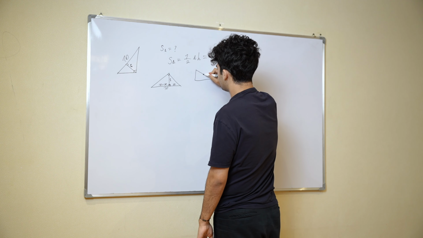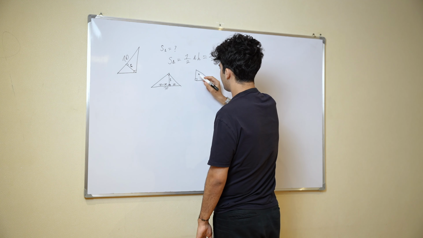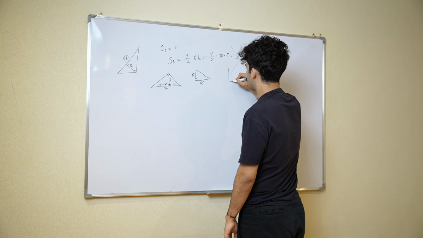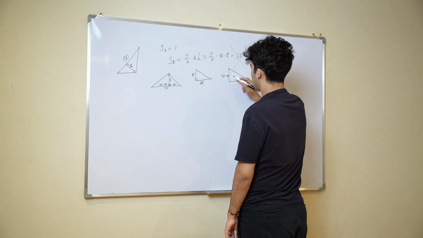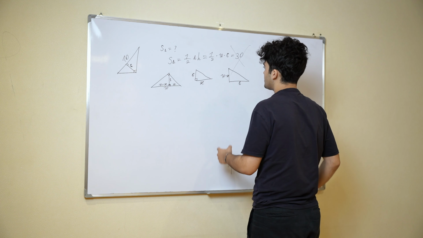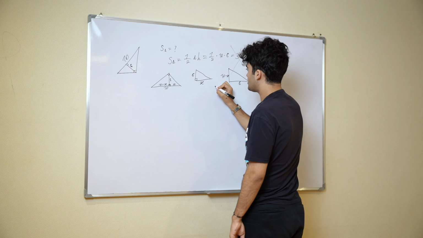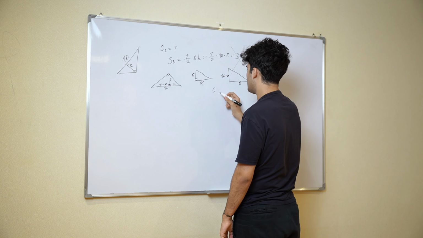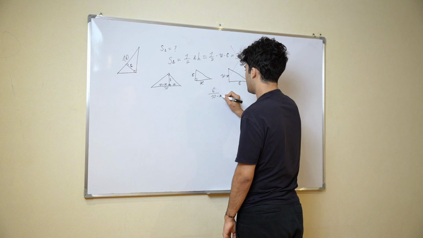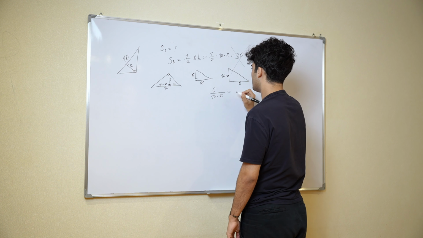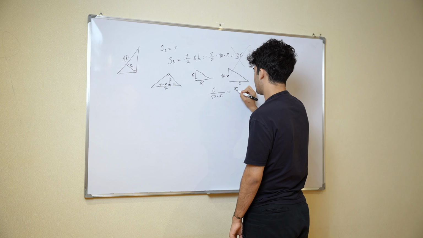Here are the similar right triangles. One of them has sides 6 and x, and the other has sides 10 minus x and 6. So here we get the ratios, which have to be equal: 6 divided by 10 minus x equals x divided by 6.